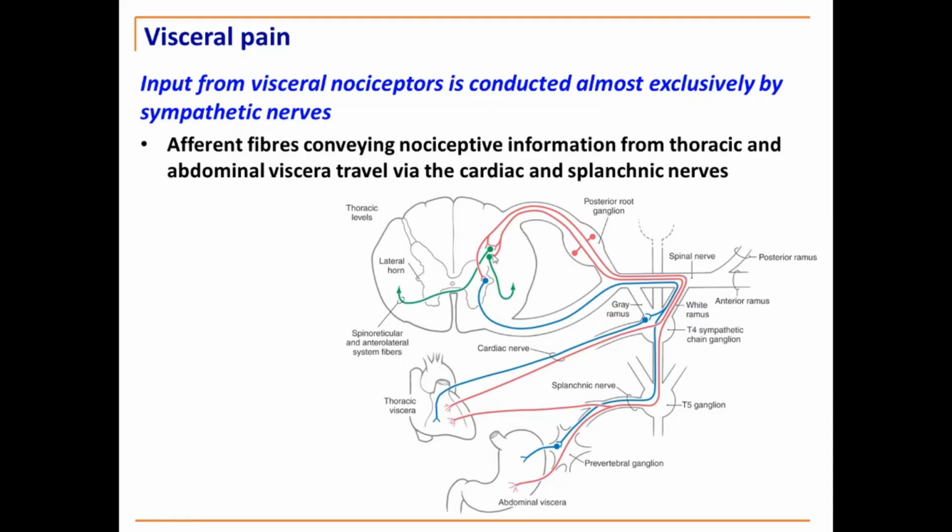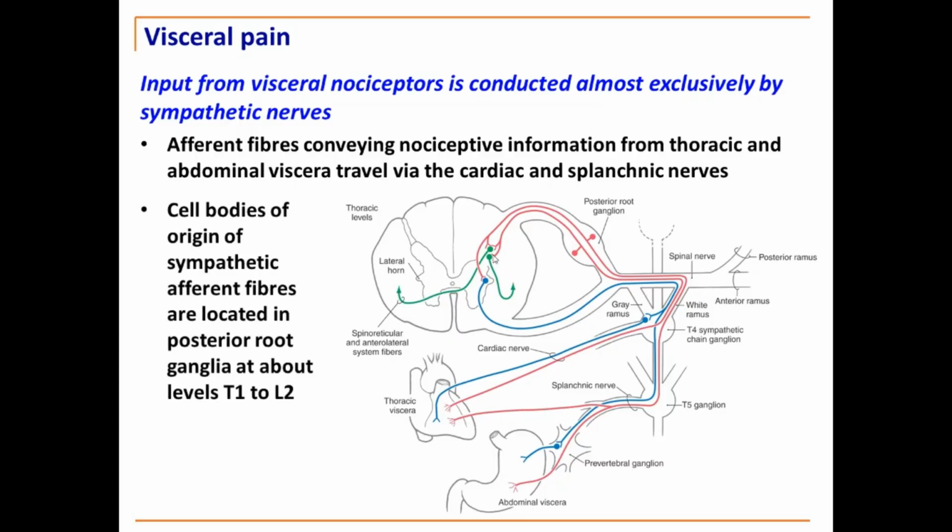And the nociceptive input from the pelvic viscera, for example, such as the prostate and sigmoid colon, is conveyed by sensory fibers traveling through the hypogastric plexus and the lumbar splanchnic nerves. So you can see how they're coming in through these different regions. And the cell bodies of origin of sympathetic afferent fibers are located, as you'll probably know, in the posterior root ganglia at about levels T1 to L2. So that's just to give you the locations as a general rule.